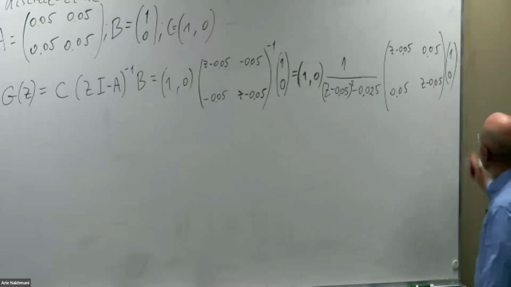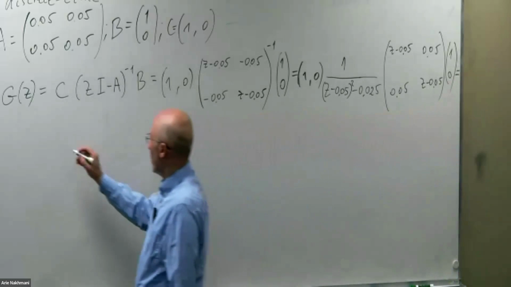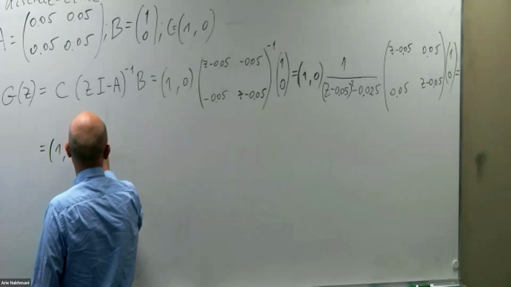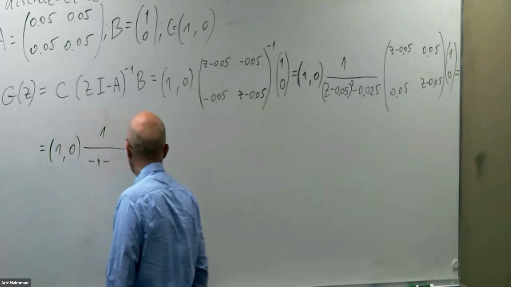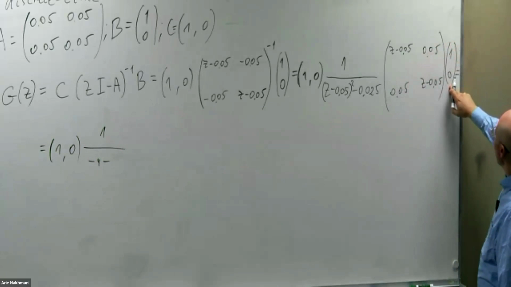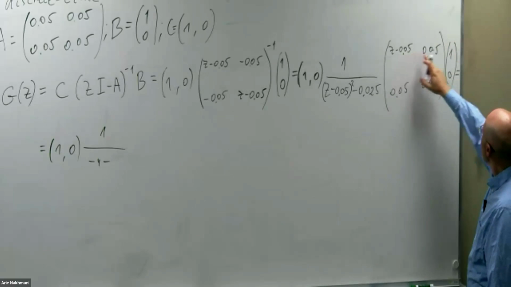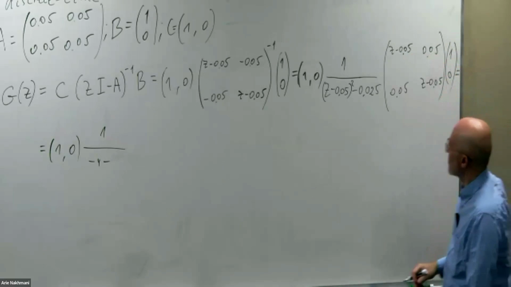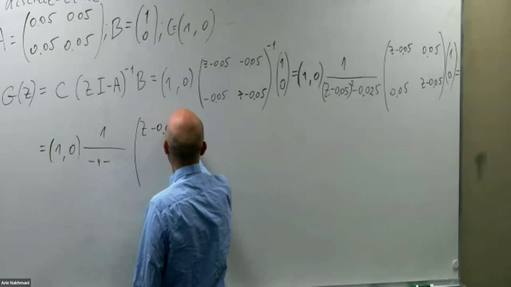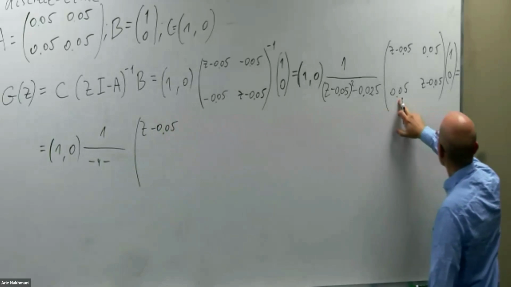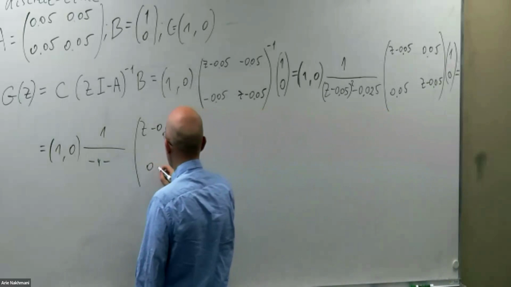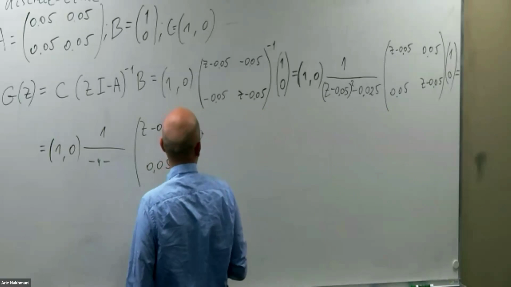So this thing will be equal to 1, 0 times the same thing. When you multiply by 1, 0, you take this value times 1 plus 0 times that one, so it's Z minus 0.05. And this one times 1 minus 0 times this thing, that will be 0.05.